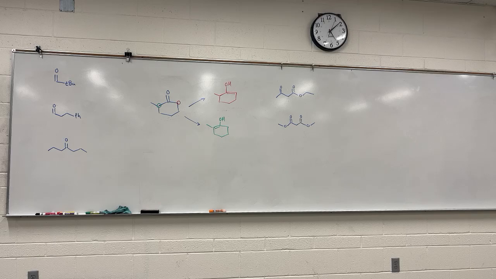So these are structural isomers. So are these. And the structural isomerism comes from the alpha carbon. So what we talked about on Tuesday was the carbonyl carbon doesn't have a name. We just call it the carbonyl carbon. But adjacent to the carbonyl carbon, we have the alpha carbon. And the alpha hydrogens are surprisingly acidic.